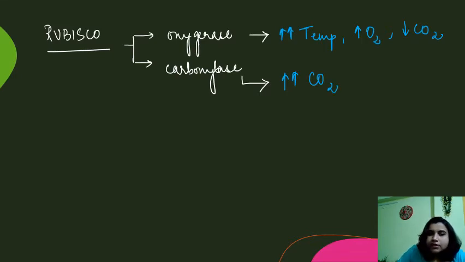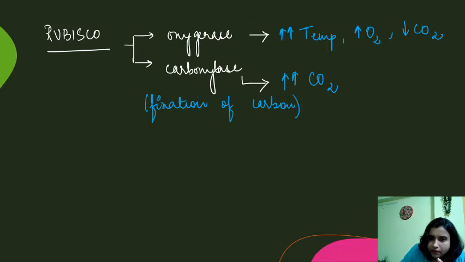When Rubisco is present as a carboxylase, it helps in fixation of carbon. But if Rubisco is functioning as an oxygenase, that means it is unfixing carbon.